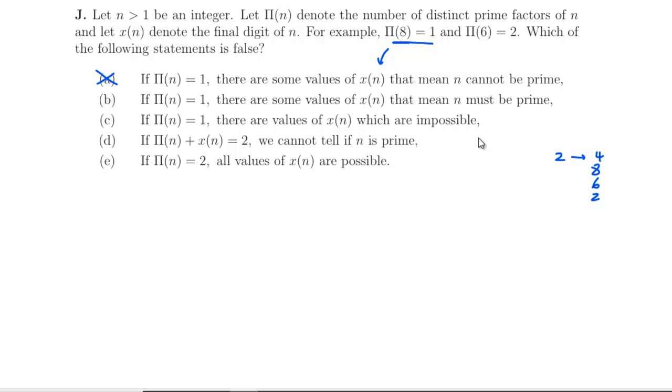So that's ruled out those numbers. If it was 3, then you'd have 3, you'd have 9, then you'd have 7, then you'd have 1. So we've got all of those ones ruled out. Then we go back to 3 again. So that's taken out 1, 2, 3, 4.